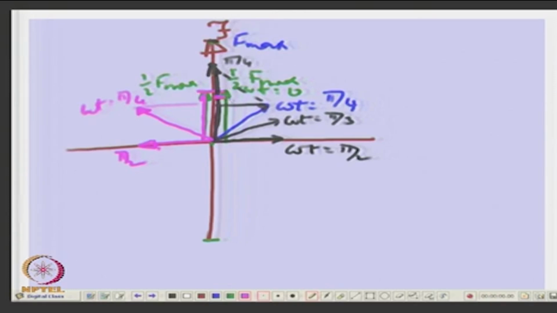So, this will be pi by 3, pi by 4, pi by 3, then at pi by 2 it will be here, right. And then again maybe after 30 degrees it will go here.